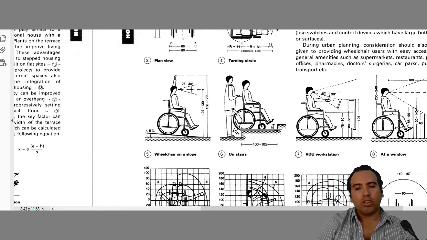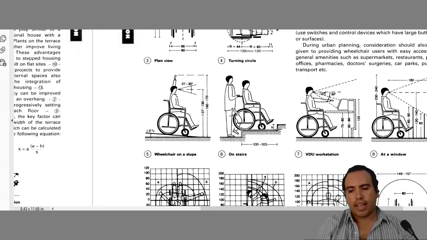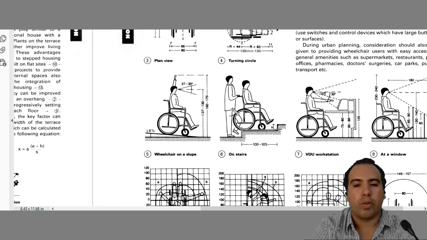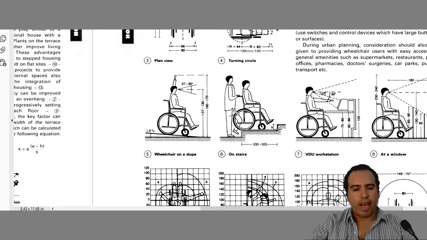This could be a house for a single disabled person, or a house for a couple where one of them is disabled. If you have this case, you can do the stairs.